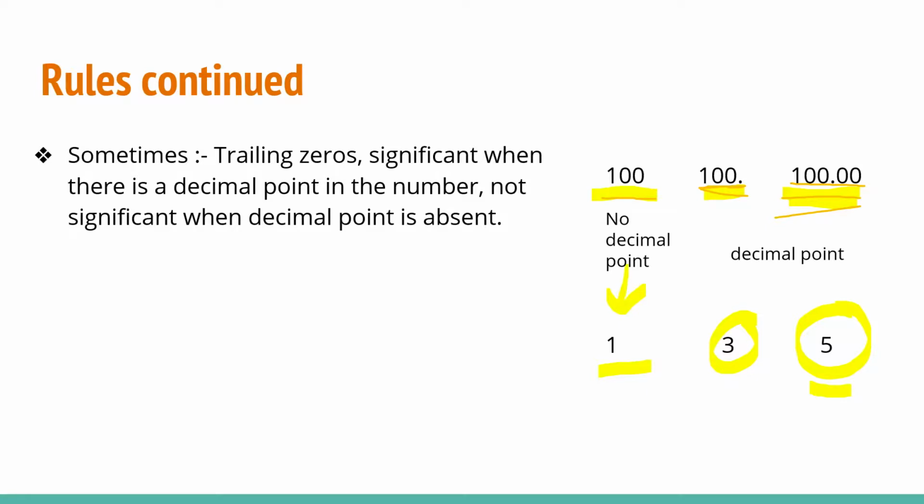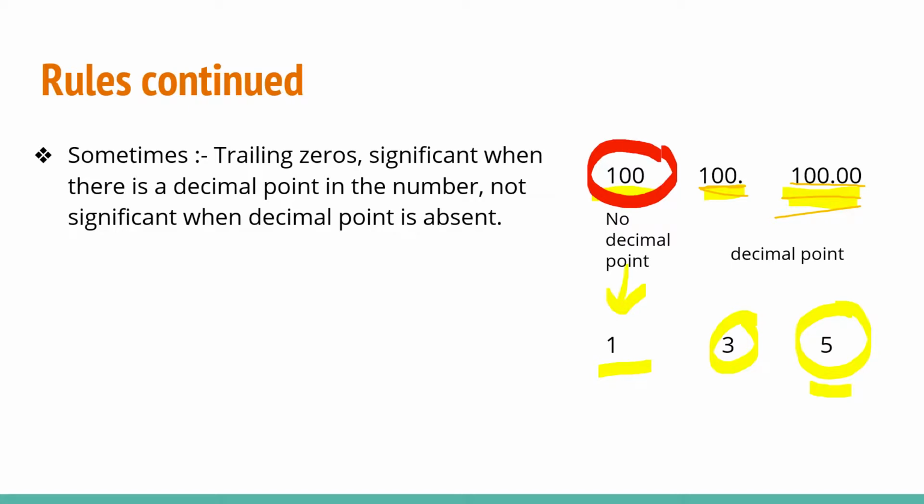Now you may wonder about the basic idea behind this. They are actually conveying the precision of your measurement. Suppose you are measuring 100 ml of water and you write 100 like this. Then it conveys that your volume of water is roughly equal to 100 ml. You might have used some beaker or some flask in the measurement of this volume.